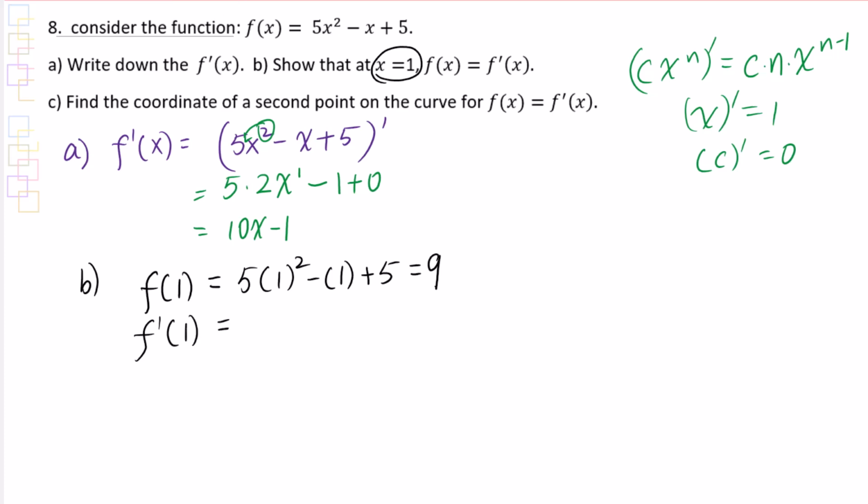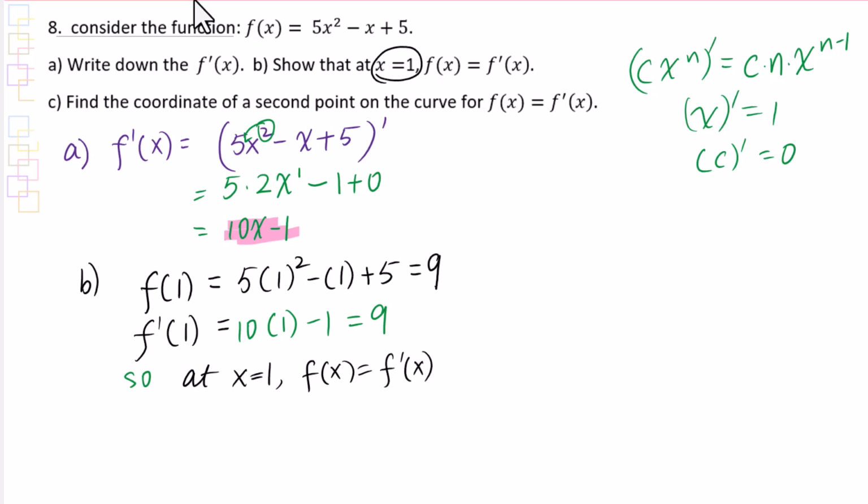We will substitute x for 1 in this derivative function. 10 times 1 minus 1 equals 9. So at x equals 1, f of x equals f prime of x.